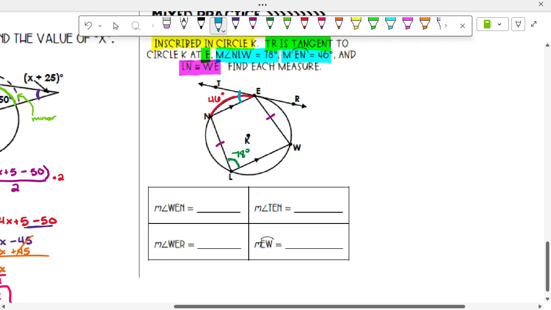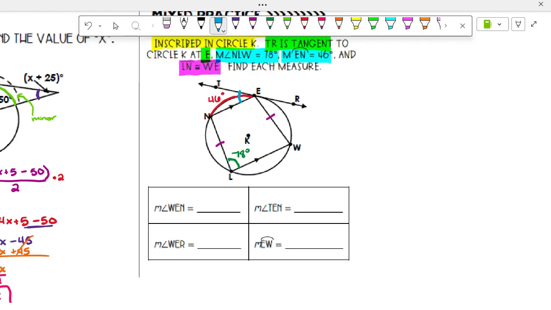How can I find TEN? What type of angle is that on the circle? Is it inscribed, a bow tie, or a beak? Nope. It's inscribed. All right. The angle itself is technically not outside the circle because the vertex is on the circle.